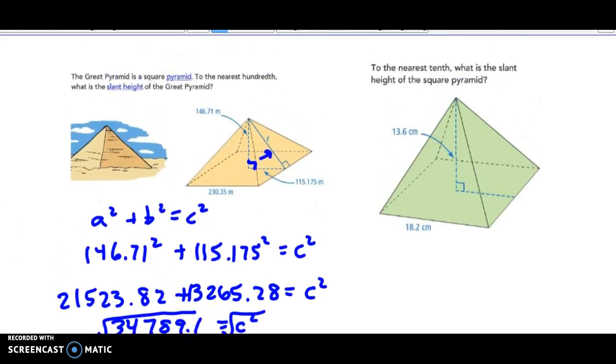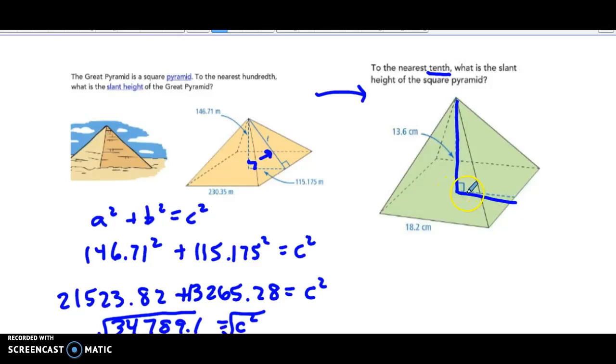Now you are going to use that same process, but this time you are going to solve to the nearest tenth and find the slant height of this pyramid. I want to point out though that we know the length of this leg, but we aren't given the length of this leg.